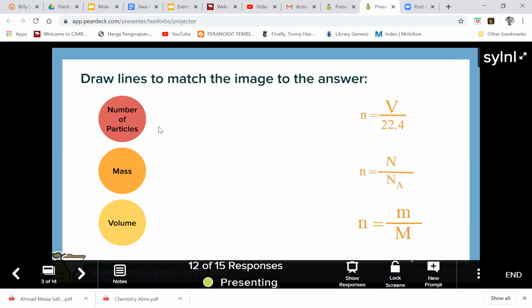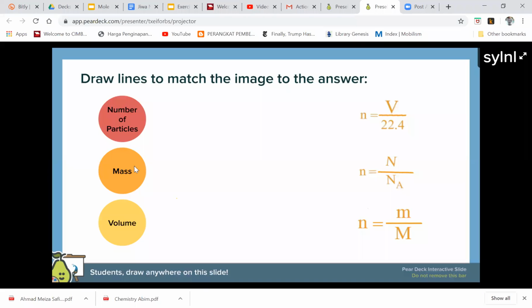When you want to find the number of particles, you divide the number of particles given by Avogadro's number. If you want to find the mass, you divide the mass over the molar mass.